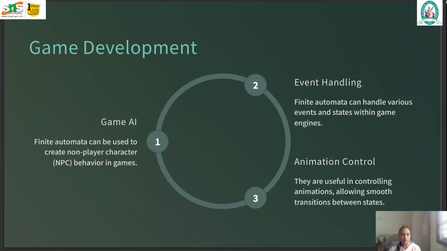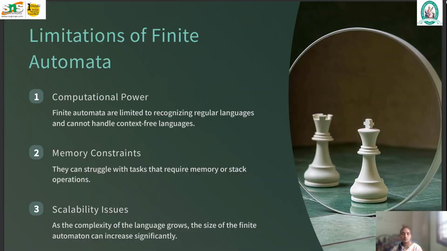Finite automata can be used to create non-player character behavior in games. The next one, event handling. Finite automata can handle various events and states within game engines. Same like that, animation control also.